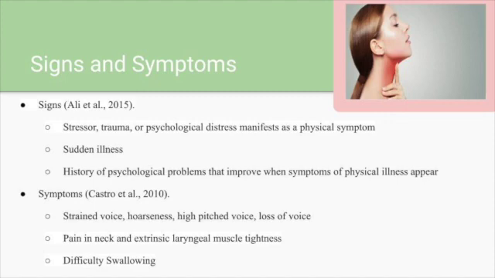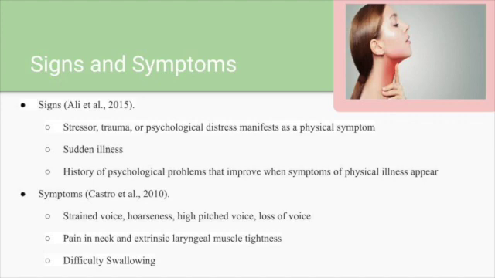Oh, my head hurts so bad, instead of thinking about why they're anxious, so their psychological problem is going to improve because they'll no longer be thinking about it. They're going to be focused on the physical problem, and it manifests as a physical symptom. So it's psychological symptoms manifesting as physical symptoms.